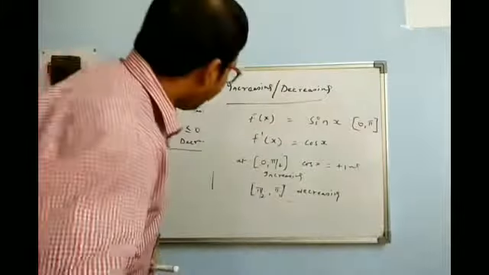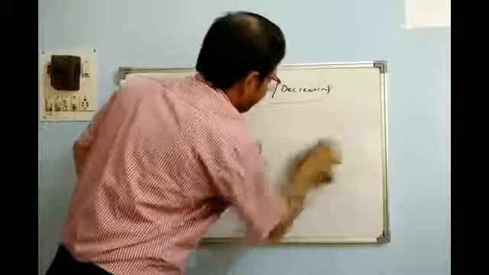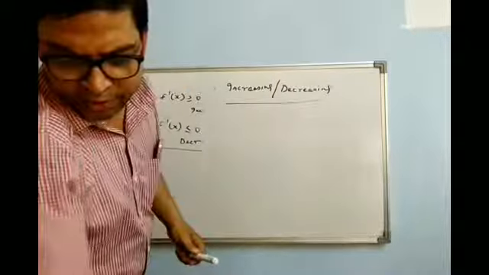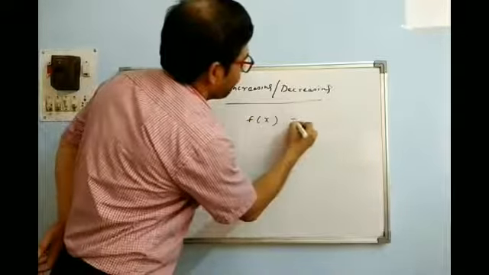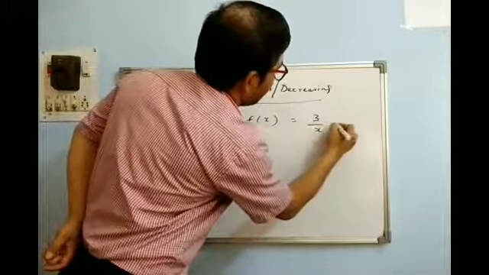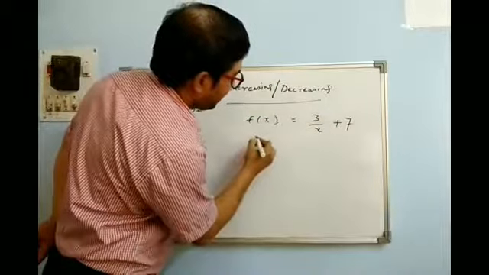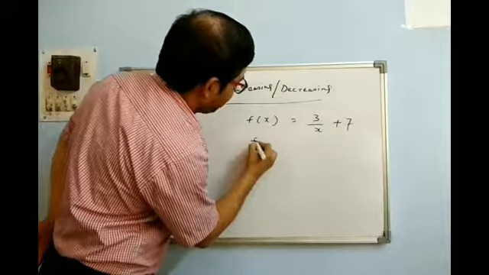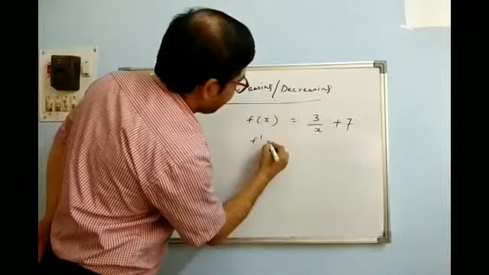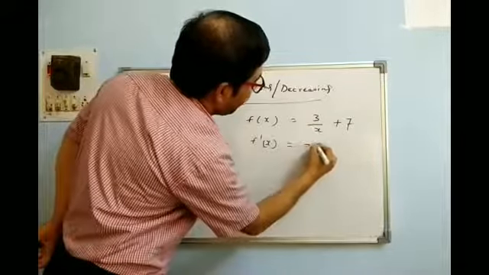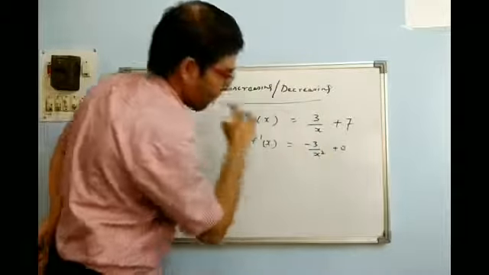I am taking one more example to check the interval where it is increasing or decreasing. If f x is 3 by x plus 7, anything like this, we have to check in which interval it is behaving like that. Finding f dash x, it is coming out to be minus 3 by x square plus 0.